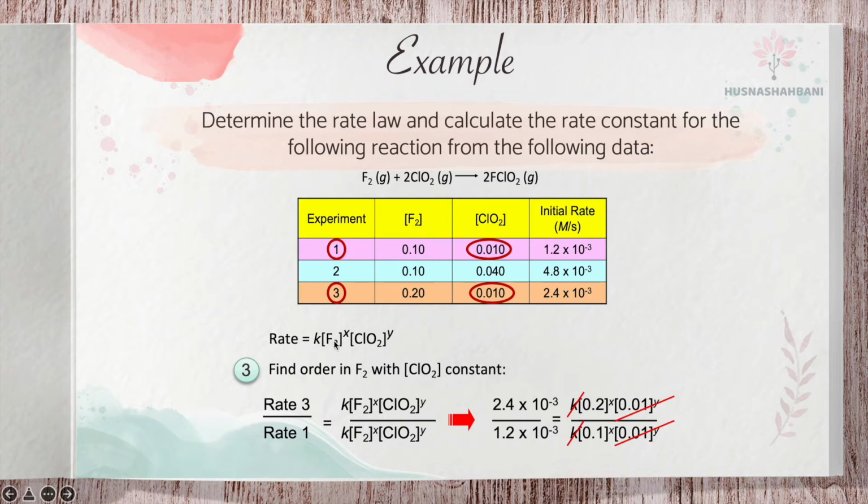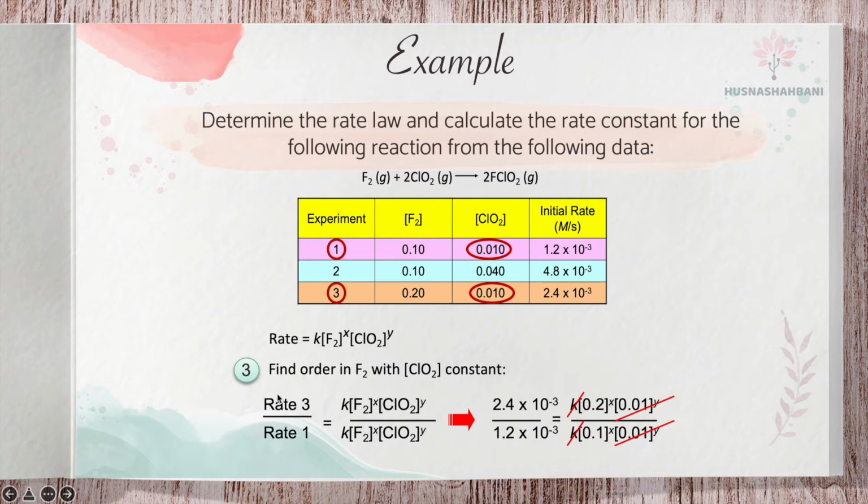Reaction order of F2 can be determined when you have the same concentration of ClO2 by dividing the rate. So you have experiment 3, so usually the larger value divide the smaller value. So this initial rate 2.4 times 10 power of negative 3, this initial rate 1.2. So that's why rate experiment 3 divide rate experiment 1.